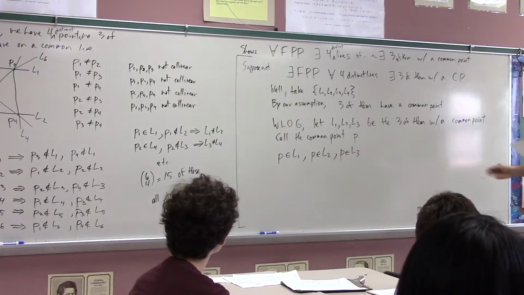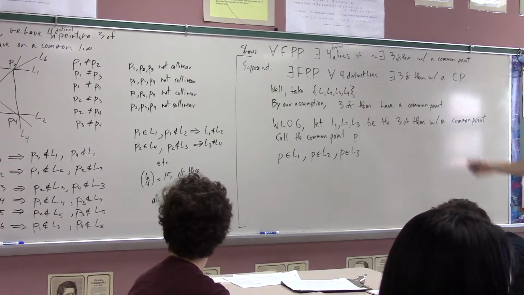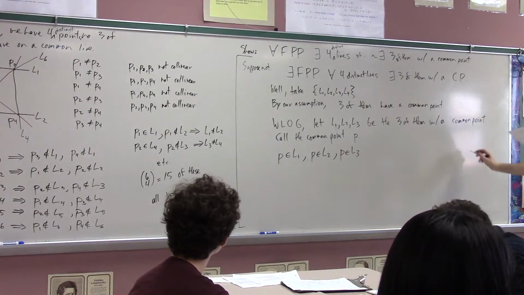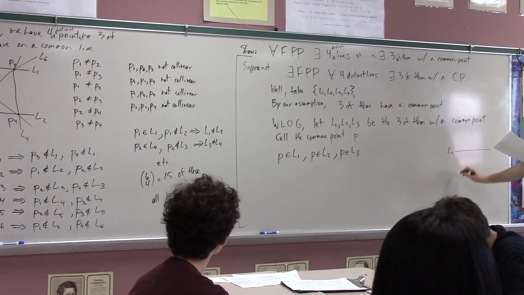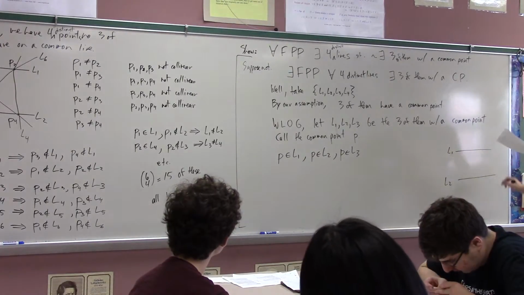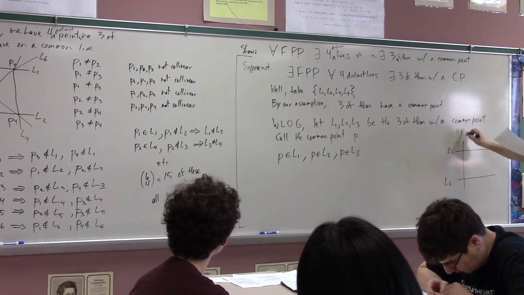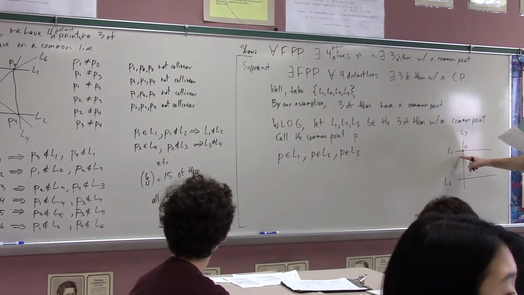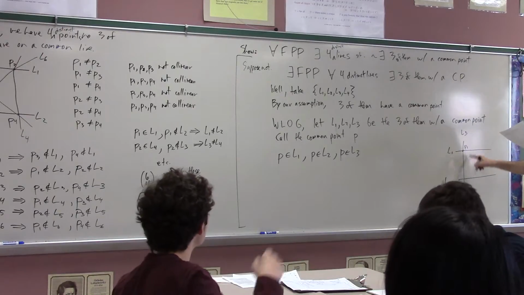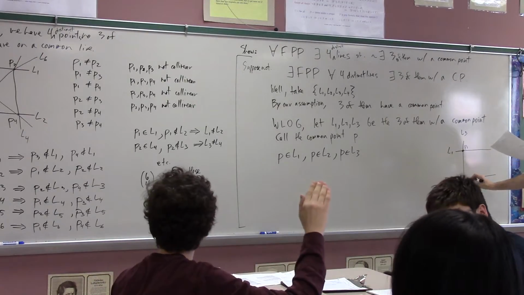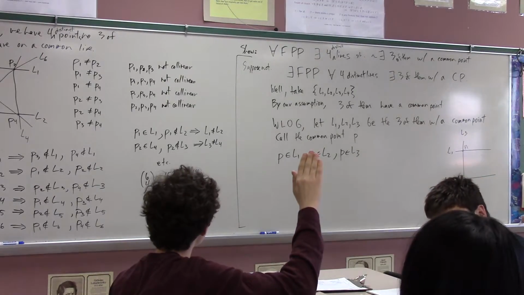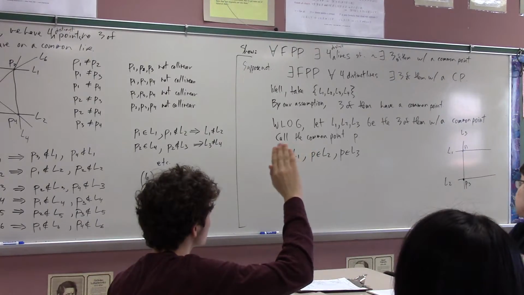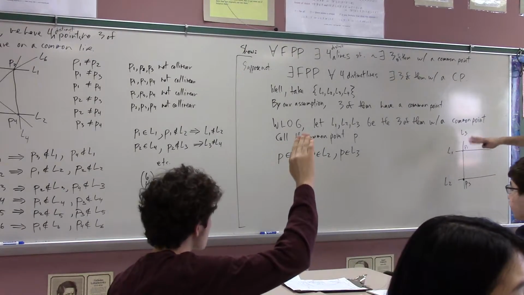So the only 3 lines that are under discussion are L1, L2, and L3. So let's draw that. Here's L1, here's L2, and L3 intersects L1 at P1 and intersects L2 at P3. Did I do that right? Yeah. We did that already. I'm just redrawing the picture without the things that make it kind of messy.